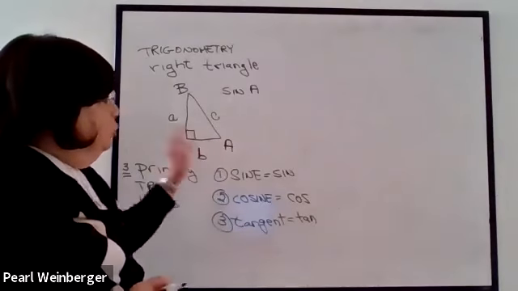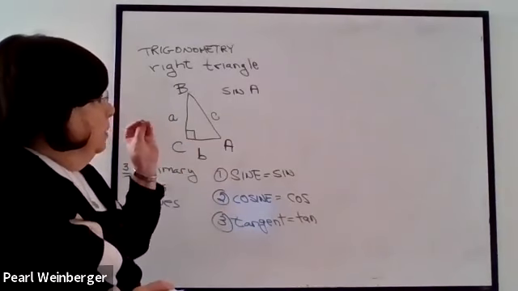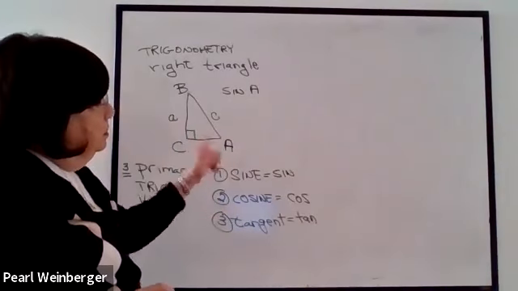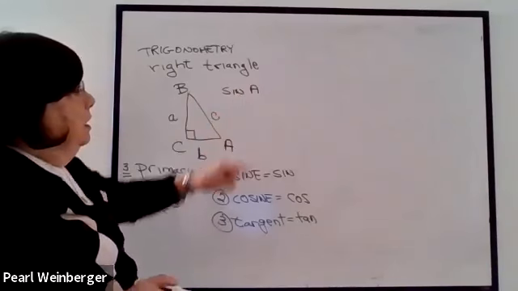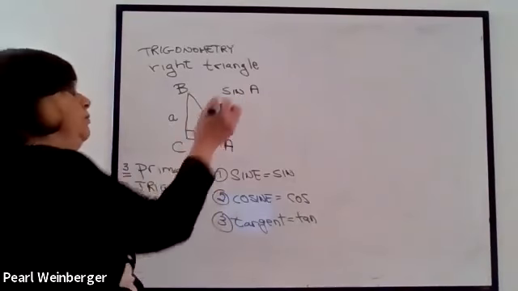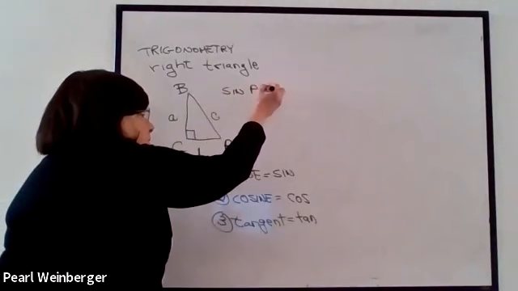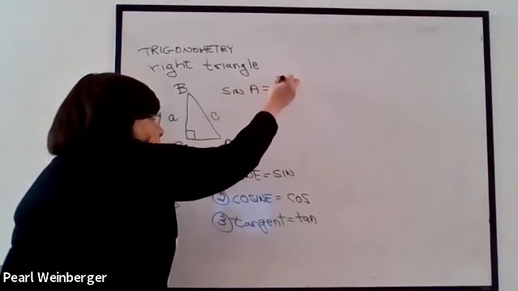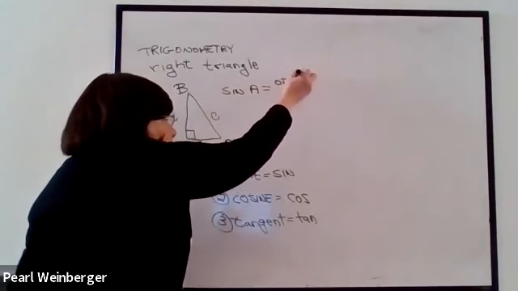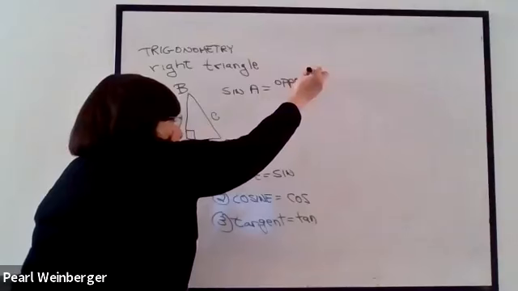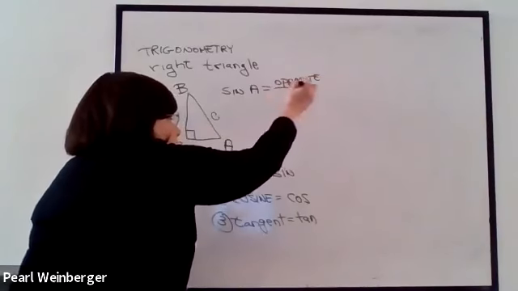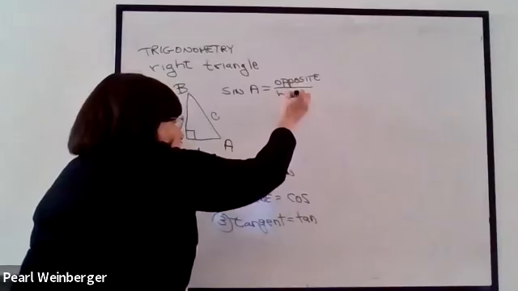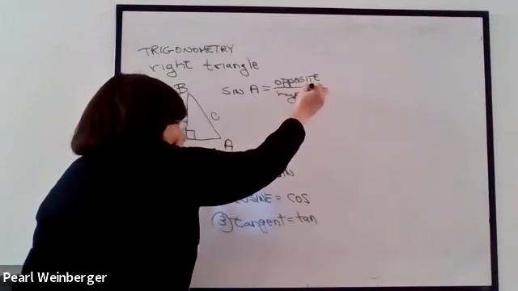But we will never just say sine, because what we're going to see is the sine is a ratio, the fraction that we get by taking the opposite side and putting it over the hypotenuse. It's a fraction.